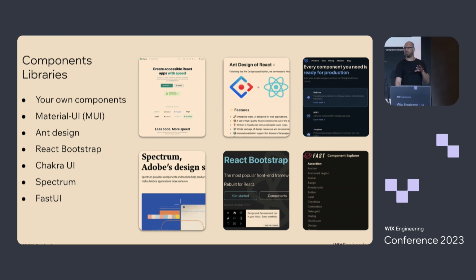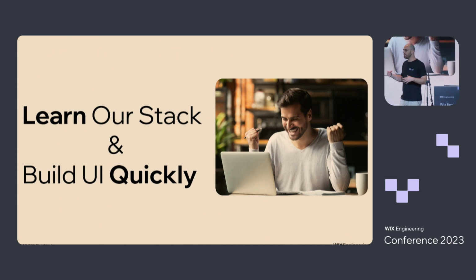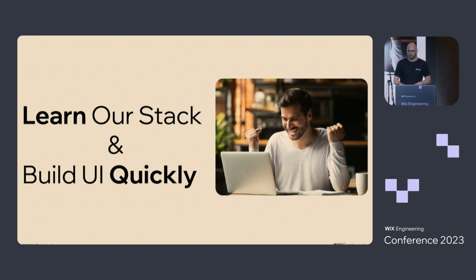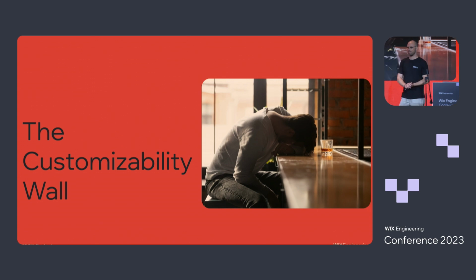And they all have the same basic premise, which is: learn our way of doing business, and you'll be able to build beautiful UI very quickly. And the good ones really do deliver. So Chad is building. Oh my God, I'm going to meet the deadline for the first time in the history of software development, until he crashes into the customizability wall.